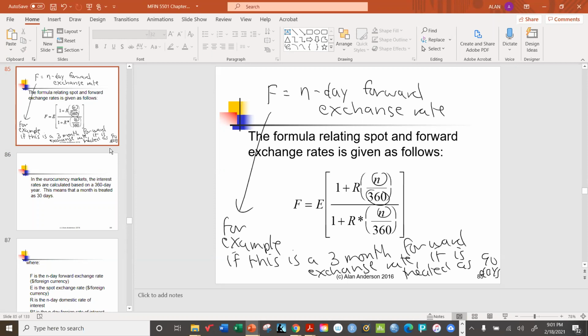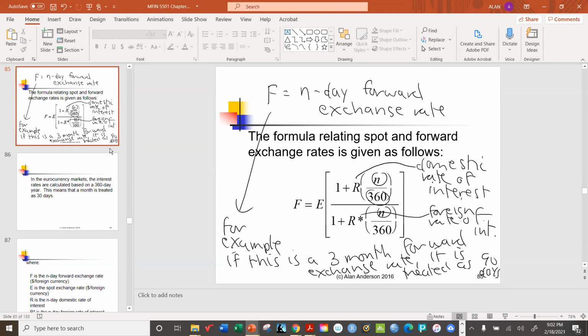So in other words, in this formula we're about to use, for a 3-month forward exchange rate, you would have 90 over 360 up here. This is the domestic rate of interest. And when I say the domestic rate of interest, what I really mean is the euro currency rate for that country. This is the so-called foreign rate of interest. And then E is the spot exchange rate.